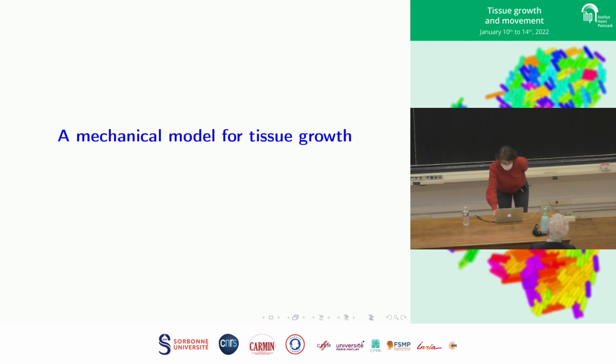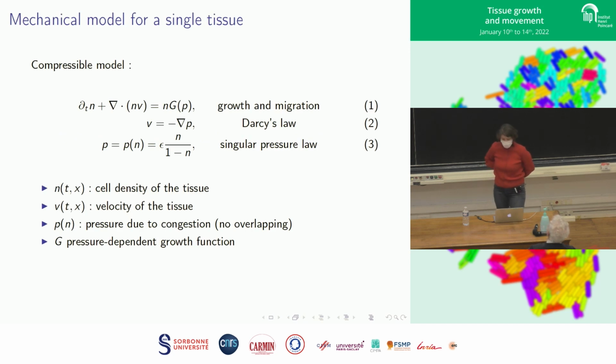Okay, so I will first recall more classical models for tissue growth. In particular, when there is one single tissue, one way to represent the growth of this single tissue is to look at the evolution of the cell density of this tissue.